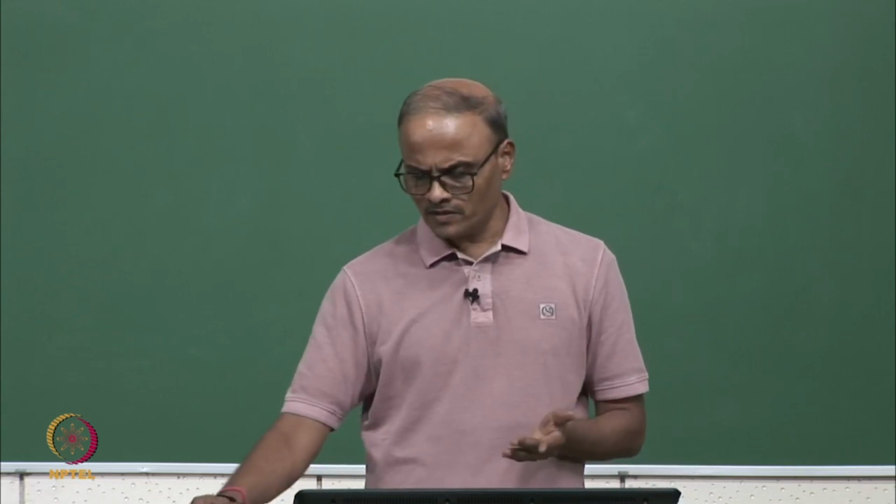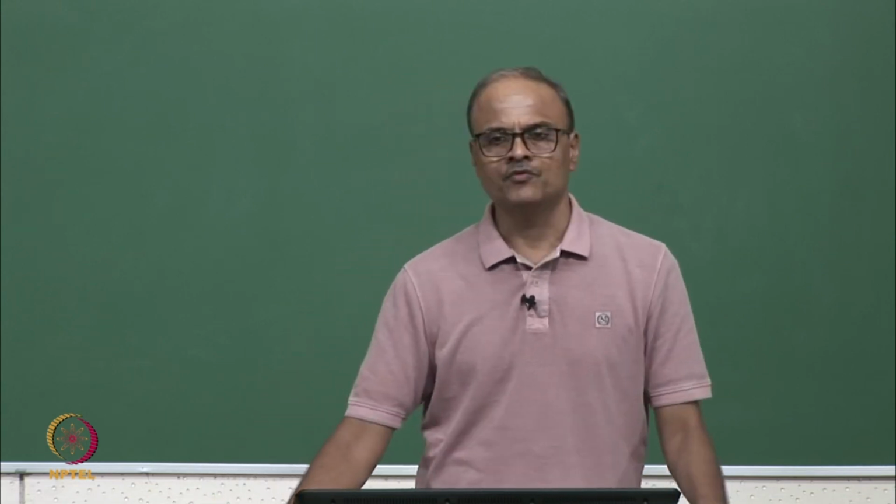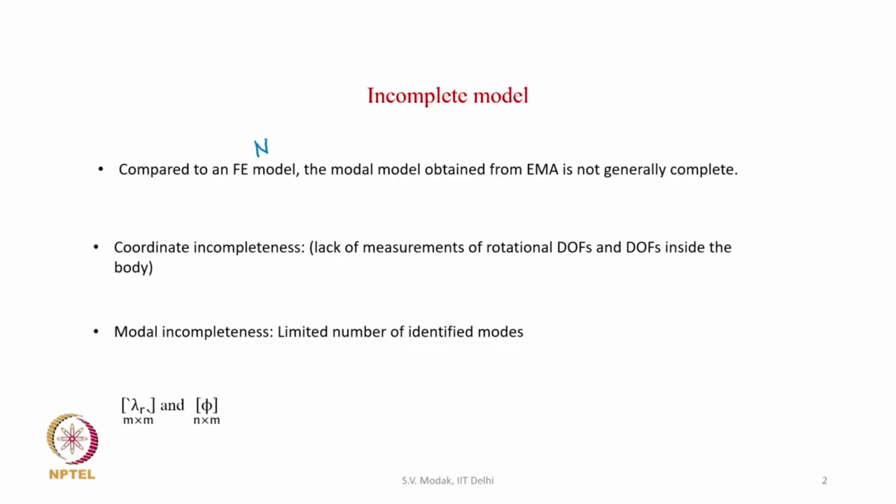So, if you look at, let us say, the eigenvalues and eigenvectors which we get from the experimental model, then we will have, say, m number of modes that are measured. So, there will be m eigenvalues and m mode shapes, and let us say the measurements have been taken at small n number of test points. So, the number of elements in each mode shape would be equal to small n. This makes the eigenvector matrix of order n by m, and the eigenvalue matrix will be of order m by m.